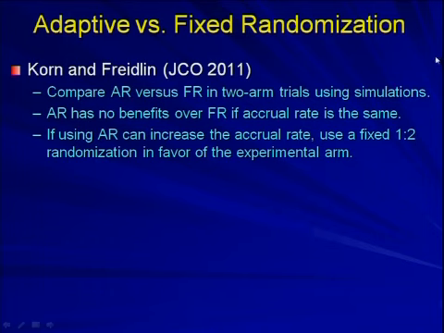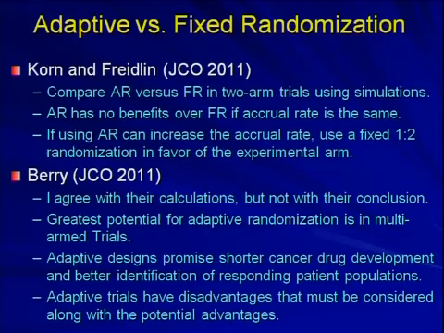I think Andy mentioned this, Korn and Freidlin's papers. They claim, from their point of view, that it's not worthwhile to do adaptive randomization, because if you look at the number of non-responders, it could be bigger than with equal randomization.